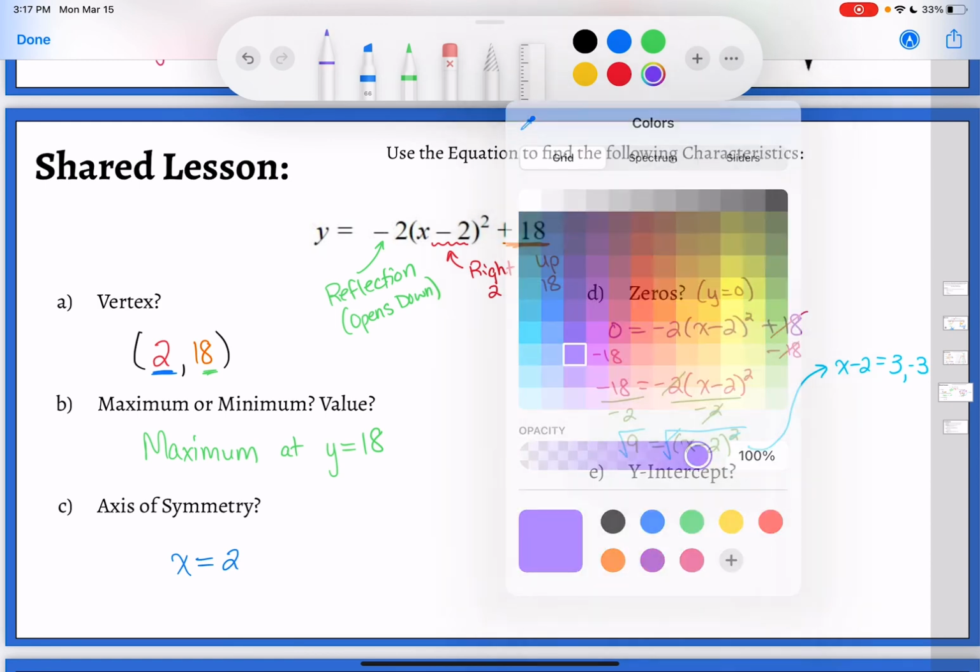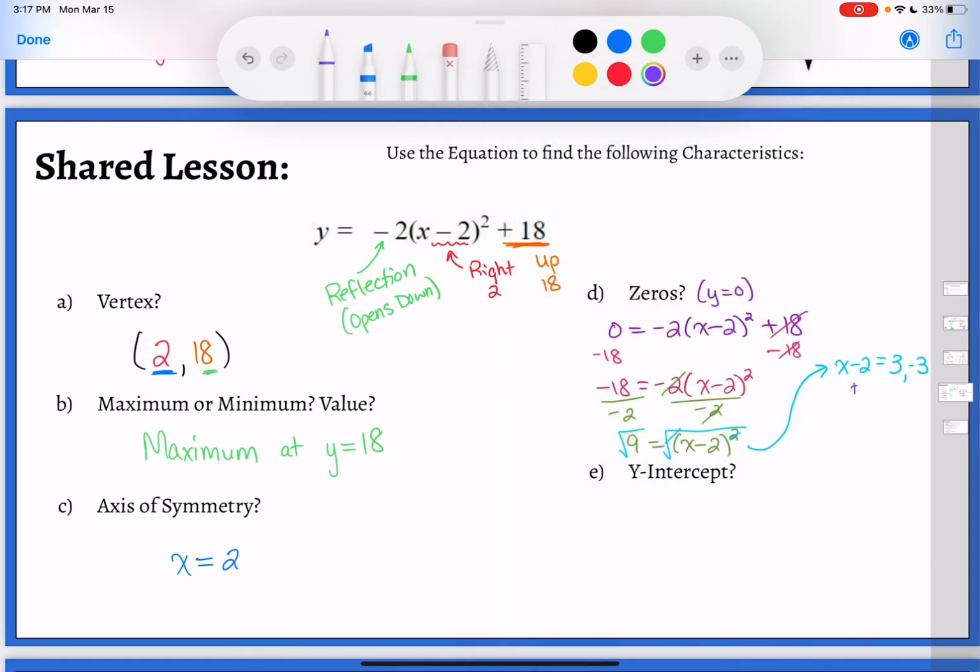All right. Now I need to add 2 to both of my options, and then I will know my zeros. So 3 plus 2 is 5, -3 plus 2 is -1. So my zeros are at 5 and -1. Or you could write that as (5, 0) and (-1, 0). Okay, so finding the zeros is when you plug y equals 0 into your equation, right?